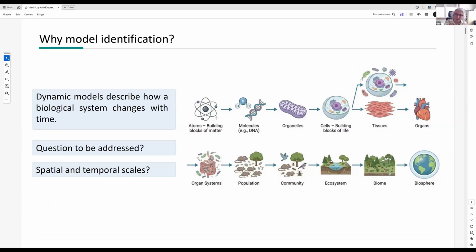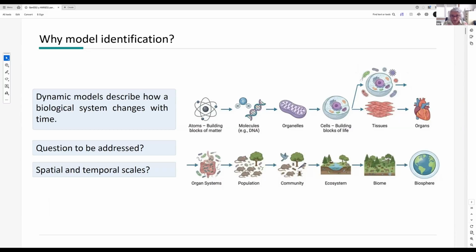So we may have from nanoseconds and nanometers, or even lower than that, to hundreds, thousands of years and thousands of kilometers, right?